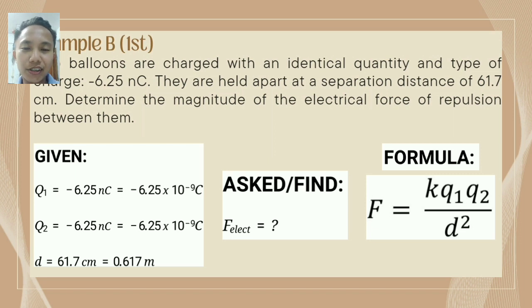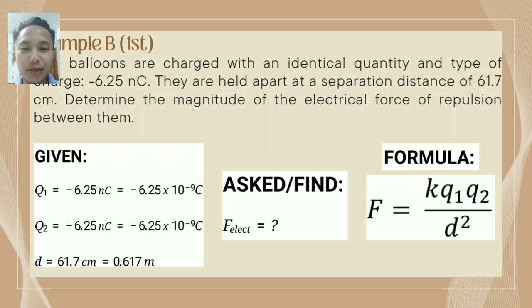Our separation distance will be equal to 61.7 centimeters, which is then converted into meters, and thus it is equal to 0.617 meters.